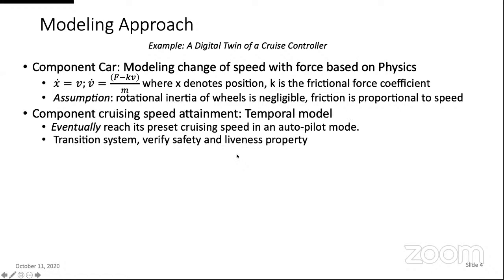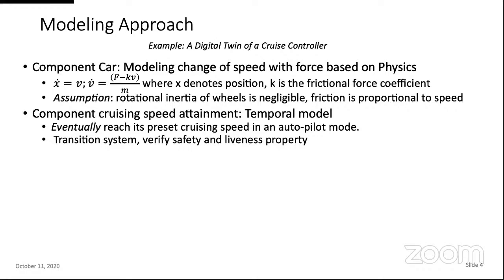Well, that's about the car. But if you want to build another feature of the cruise controller, which is how the cruise controller automatically attains the desired speed when it goes into autopilot mode, you can have this component car model, but you can also have something like a temporal model, where you have clauses like: eventually this system is going to reach the preset cruising speed in autopilot mode.